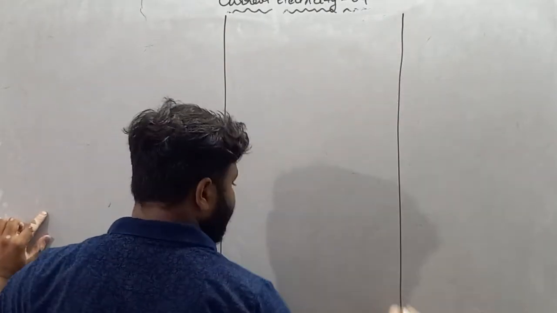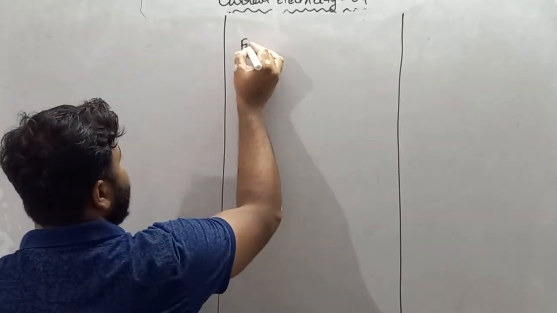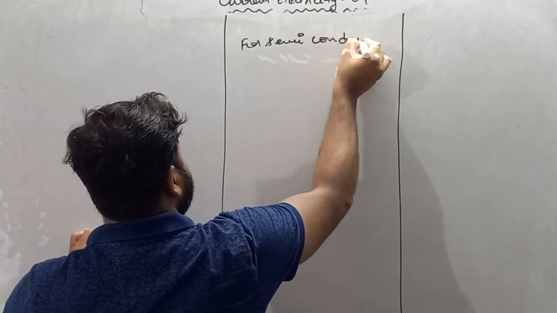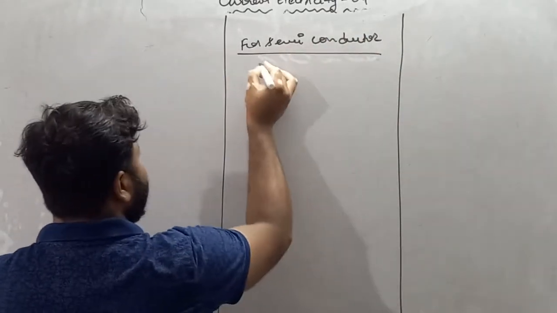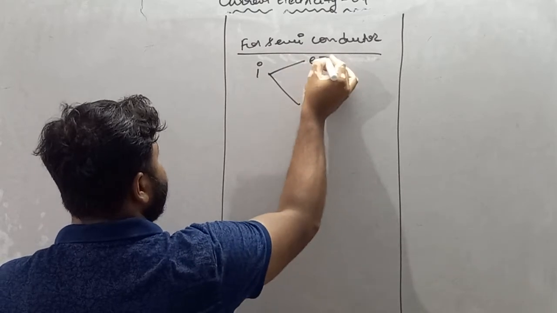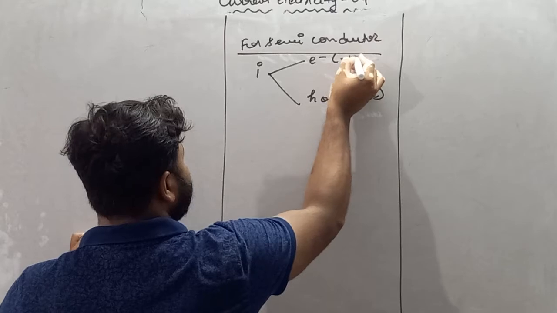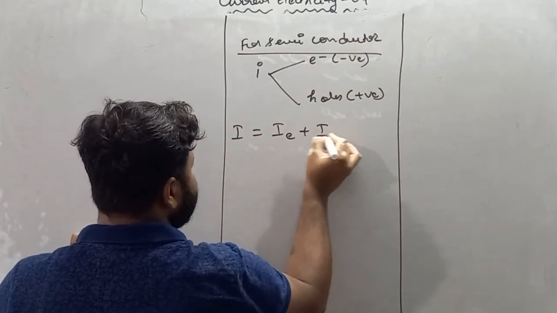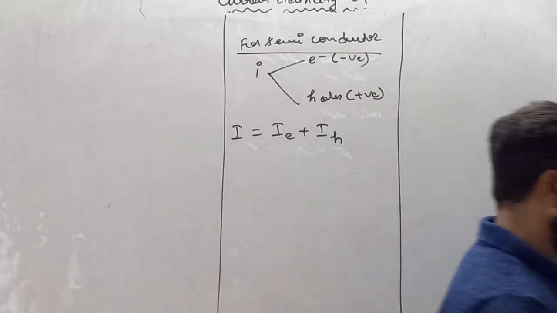See my dear students, as we all know, for a semiconductor the current is due to both electrons as well as holes, which are considered to be positive charge. So current in a semiconductor can be written as current due to electrons and current due to holes.